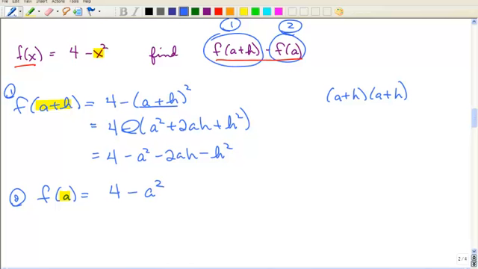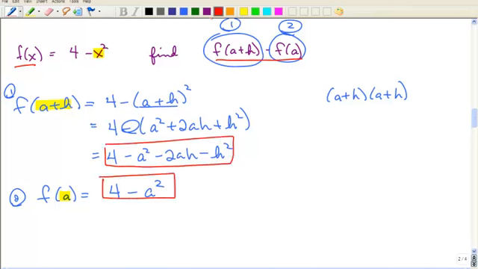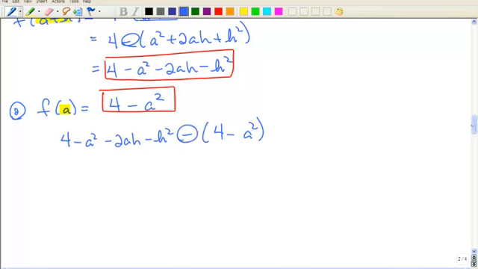All right, so now it says to subtract those 2 answers. So we have another minus sign. I'm going to take this and subtract that. Well, I could write it all in one line, but notice I am putting in parentheses, so I'm going to remember to subtract both of those.